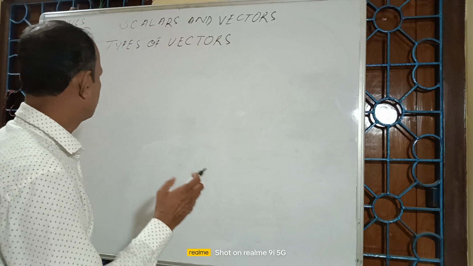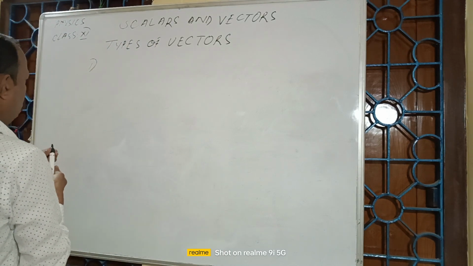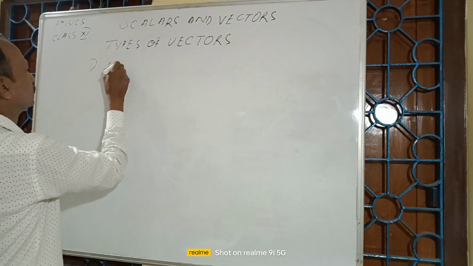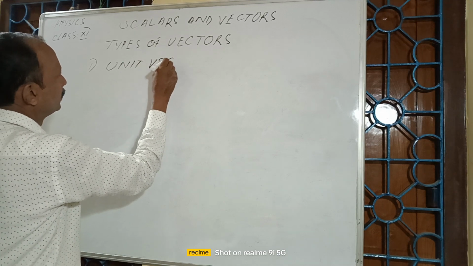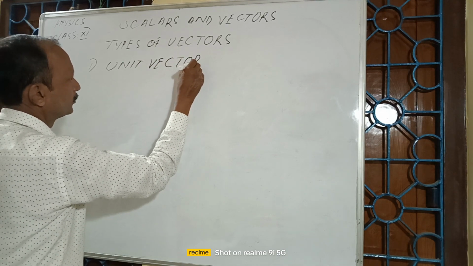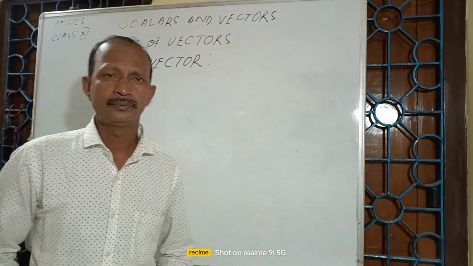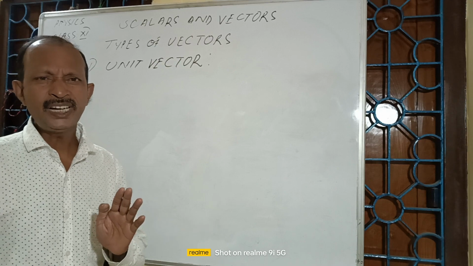See, the first one is the unit vector. What is this unit vector? In fact, the unit vector of a vector is a unitless vector.